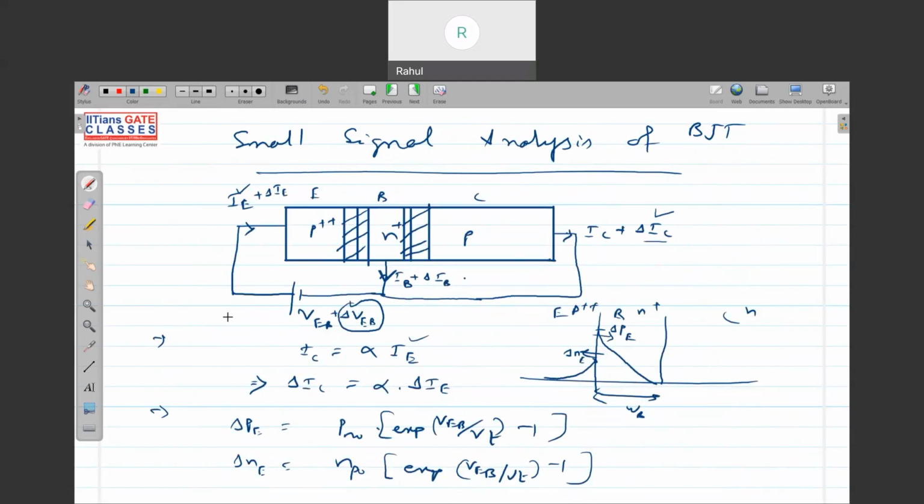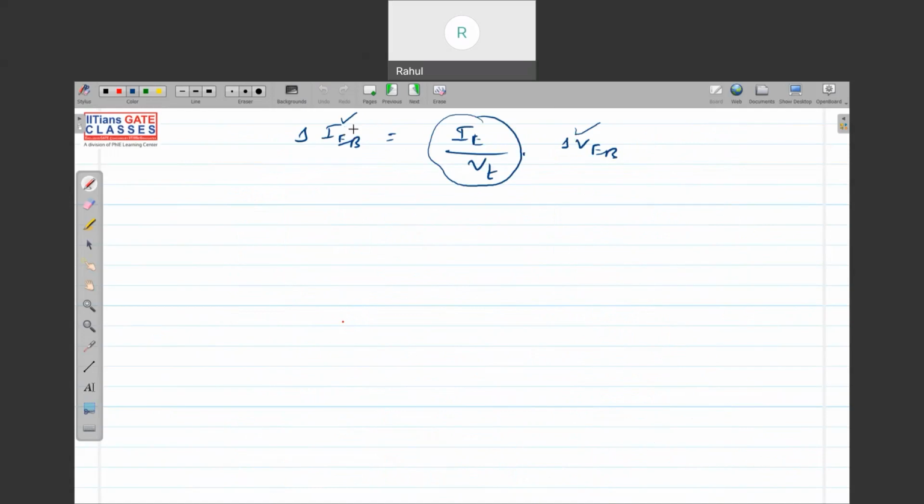So the change in current will depend upon my I, the quiescent or DC current. The change in current will depend upon the quiescent point where the transistor is operating before the application of the signal. So this is the change in IE.